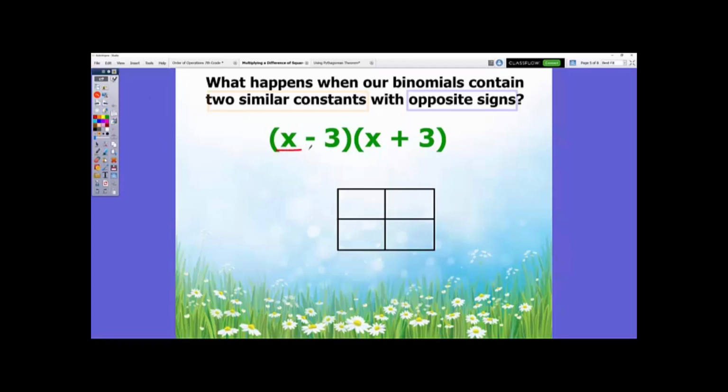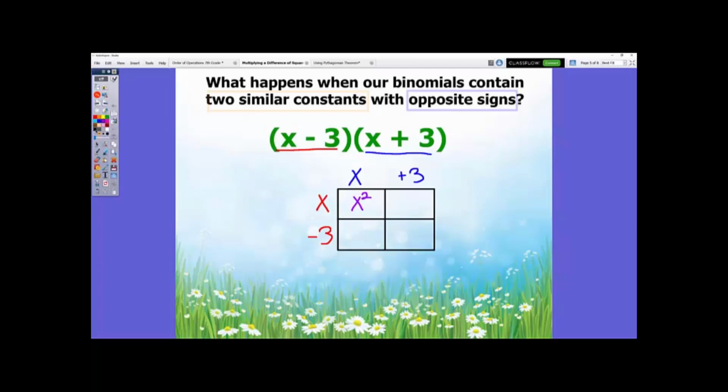I'm going to write the first binomial. Each term is going to go on the left side of the box. And the second binomial, each term is going to go above the box. So we have x there and +3 right here. Just like in the bell ringer, let's multiply these together. X times x gives us x squared.